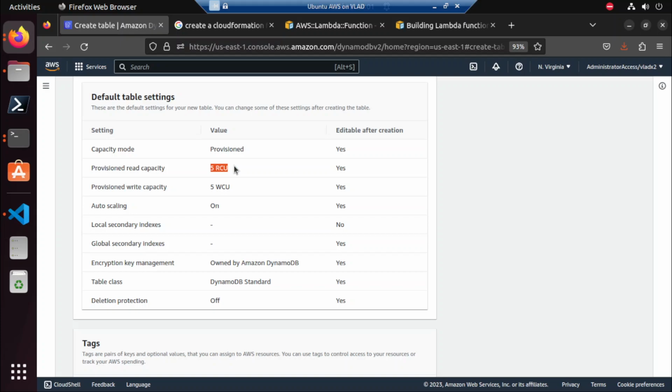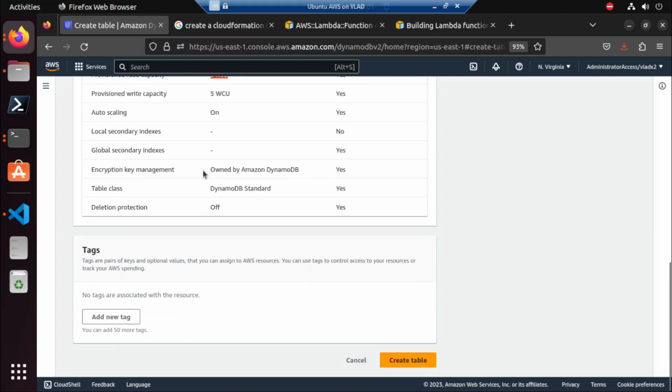One read per second with 4 KB read, 4 KB on each item. For each read, it's 4 items, so that is a consistent read. And for an eventual read, it's 2 reads per second, 2 items per second, and 4 KB each item. Right. So I hope that is correct.